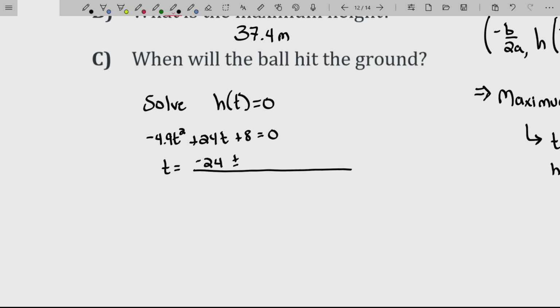So I'm going to go ahead and use the quadratic formula. Let's see, a negative 24 plus or minus the square root of 24 squared minus 4 times a, which is negative 4.9, times c, which is positive 8, all over twice negative 4.9, or twice a.